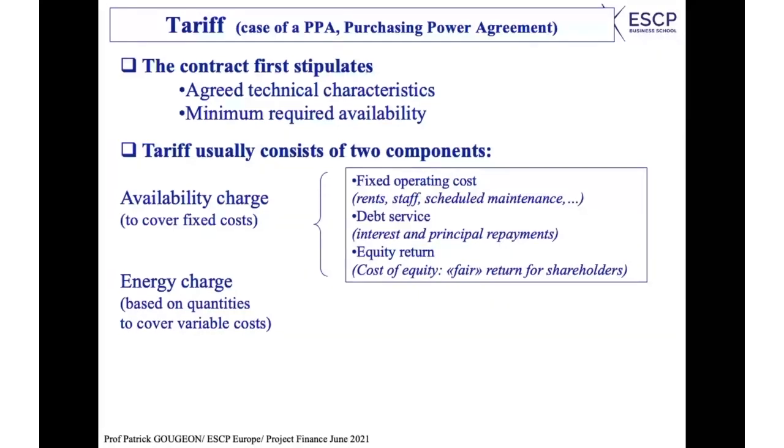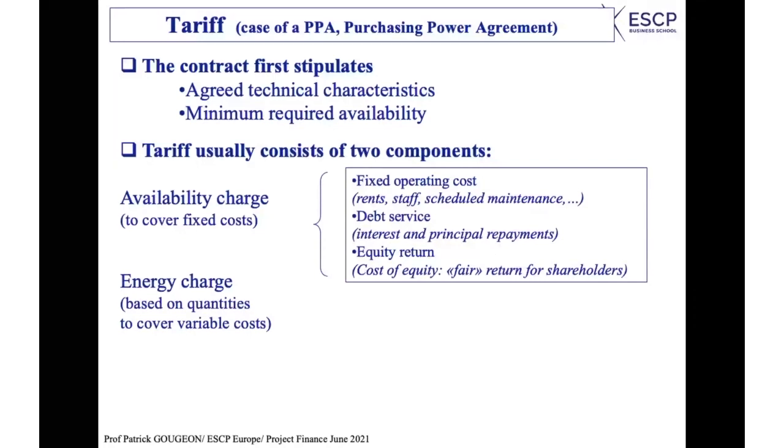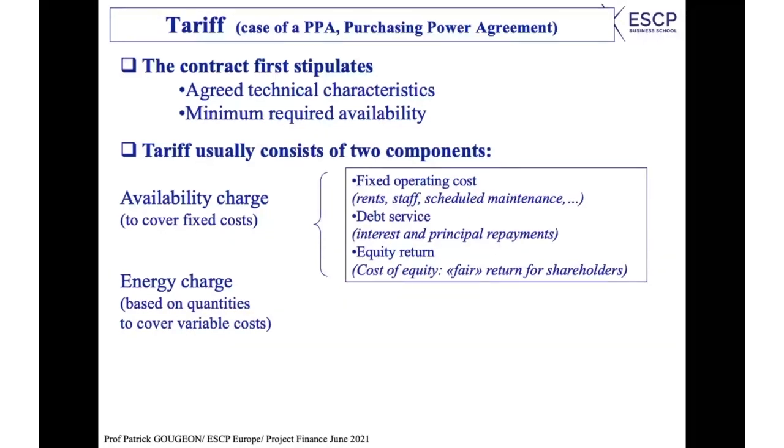Okay, and you don't have debt only, you also have equity holders, even if they bring the lowest share of the fund, with about, let's say, 30%, for instance. Well, they expect a return on their equity. So you will include in the availability charge a reasonable return for equity holders, a fair return for shareholders.